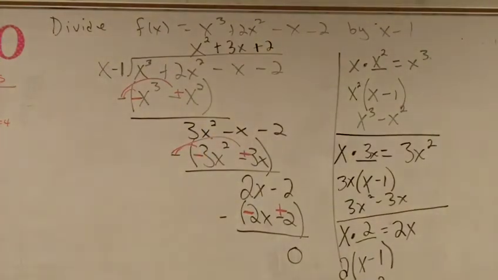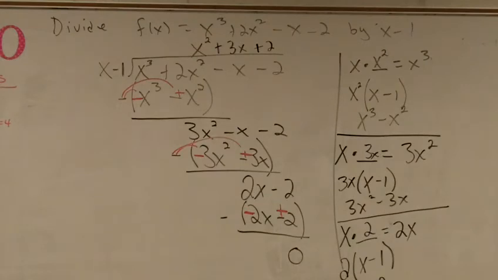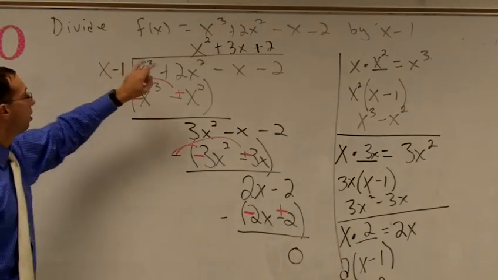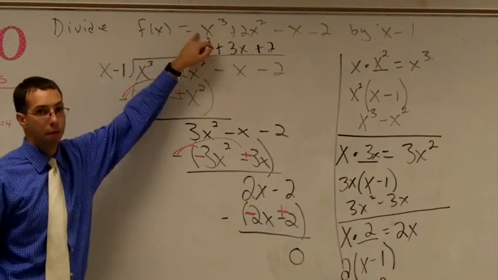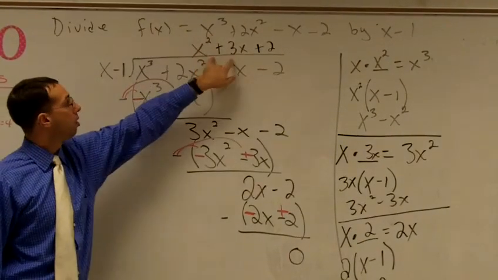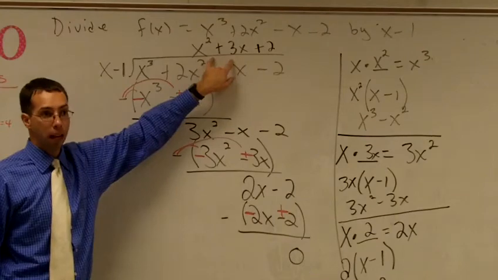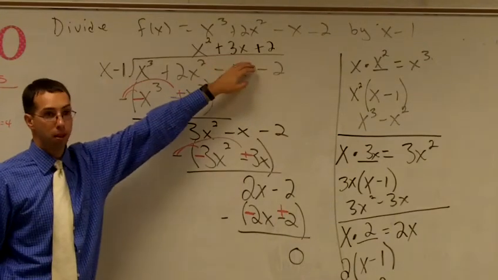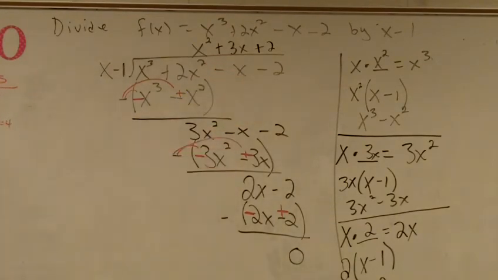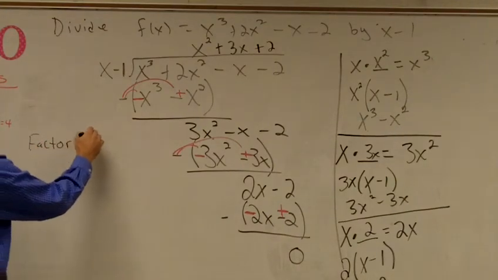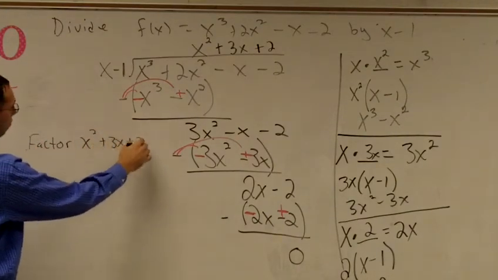So continuing on, what we're going to do here is, how does this help you factor? Well, we took x minus 1, divided it into our f of x. You see, now we've boiled it down to be x squared plus 3x plus 2. So now what I can do is I can factor x squared plus 3x plus 2 very easily.